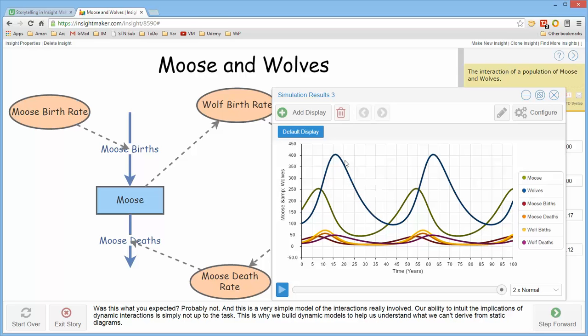Both populations oscillate back and forth, so that the health of the environment, the two populations together, while it oscillates back and forth, the moose population doesn't grow to a point where it outstrips its food supply, and the wolf population just doesn't die out.